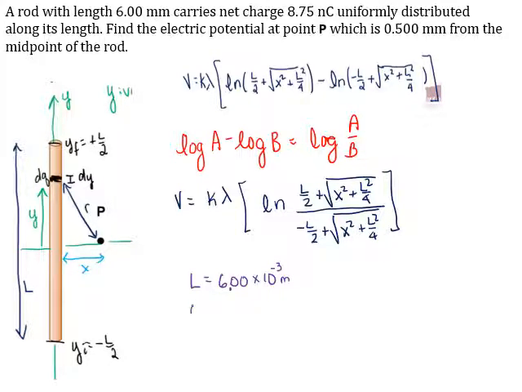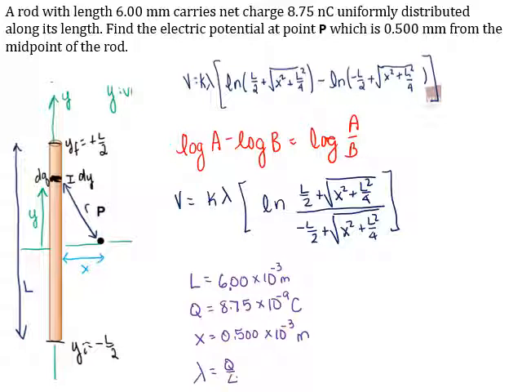We're given that the net charge on the rod is 8.75 nanocoulombs, 8.75 times 10 to the minus 9 coulombs. And our distance x is the distance away from the rod. That's a half of a millimeter, 0.500 times 10 to the minus 3 meters. Okay, I think that's all of the numbers we need. We'll just put in a reminder that our lambda is equal to q divided by L.